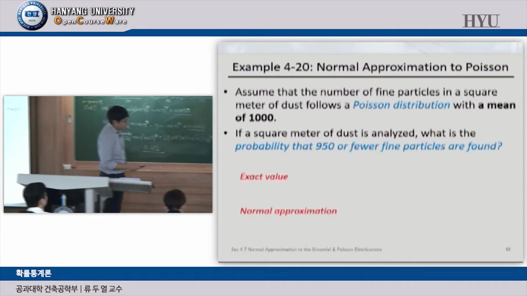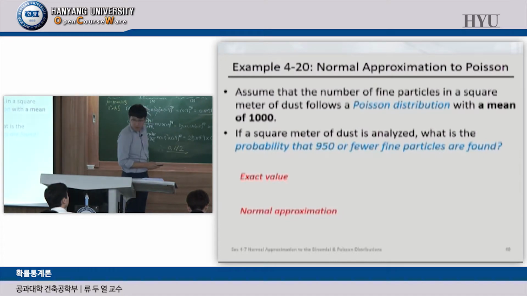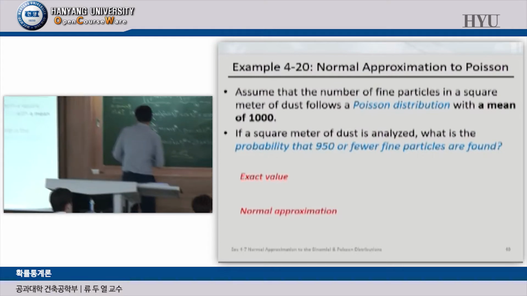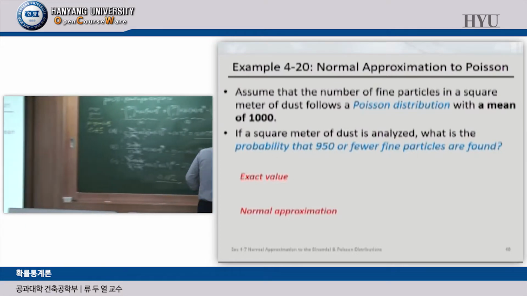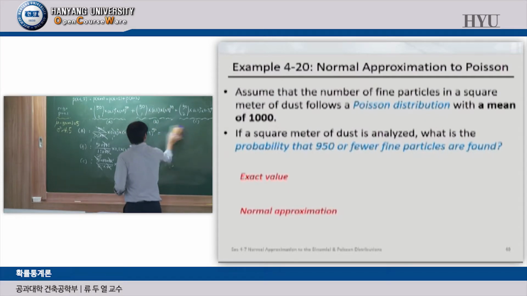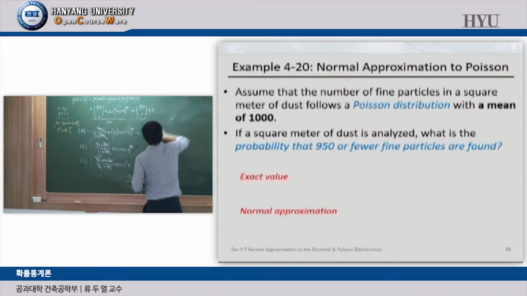We can calculate this based on the Poisson distribution, and also we can use the normal approximation, right? We have two options here. Firstly, I'm going to calculate this example based on the Poisson distribution.